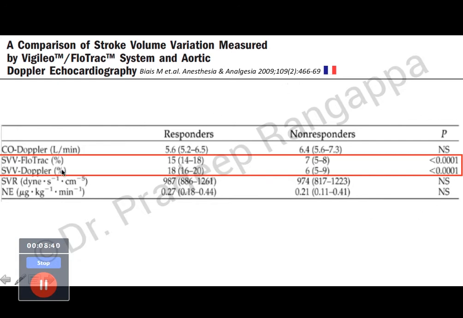They looked at the stroke volume variation measured by FloTrac, which is a cardiac output monitor, and compared it with the stroke volume variation measured by echo Doppler. They found good concordance in responders and also in non-responders, which means, as you see, both were statistically significant and they remained concordant in responders and non-responders. They didn't move in opposite directions.